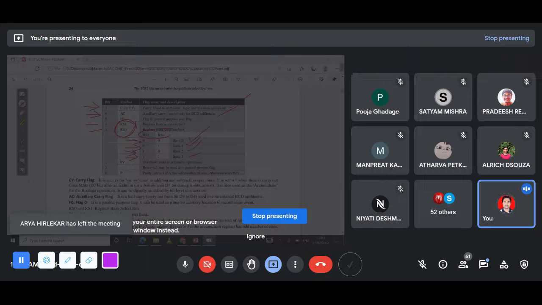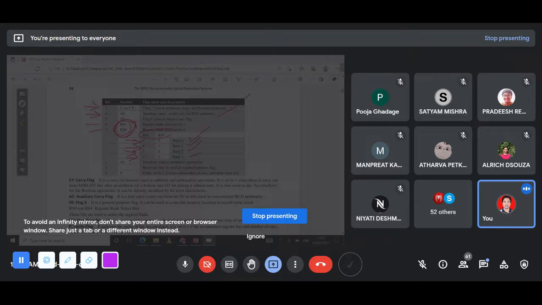So can I say these two bits are used for the selection of register bank? Yes or no? By default, RS0 and RS1 are both 0.